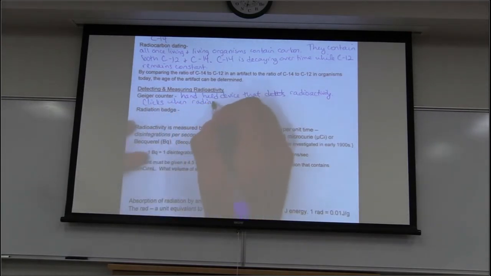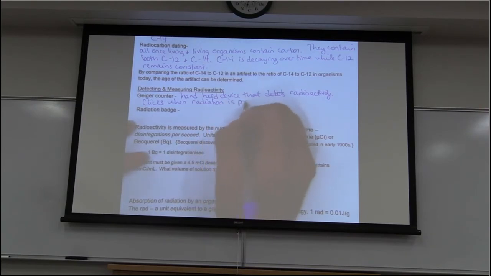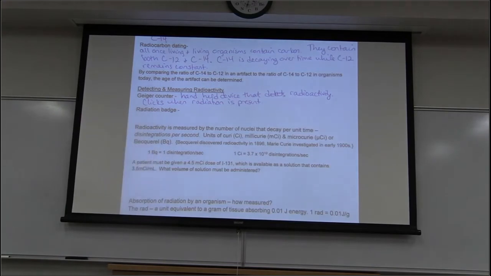It's kind of like a metal detector. So you just hold it, and if you get to an area that has some radioactivity, it's going to make the clicking sound. And it will measure it too. But your chances of ever seeing a Geiger counter are probably kind of slim. But you might find one sometime and get to play with it.